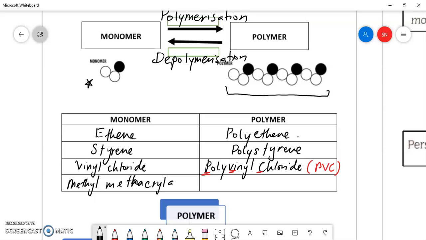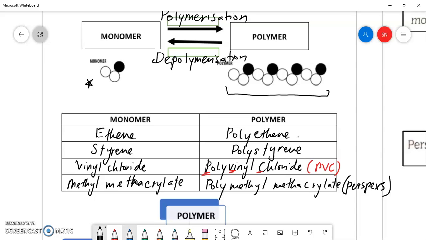This combination is going to be polymethyl methacrylate, or in short we call it perspex. So these are four examples of monomer and polymer.